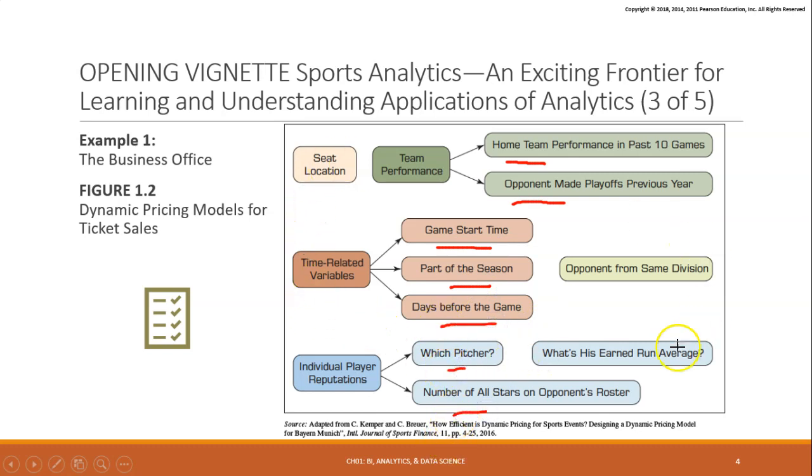All of these ended up becoming factors that were put into a regression model in order to determine what was going to improve their attendance, and therefore they can adjust some pricing models. So if a situation occurred that would lower the likeliness people would show up, maybe they would give a bigger discount on prices, so that way they would increase the chance that fans would show up in the stands.